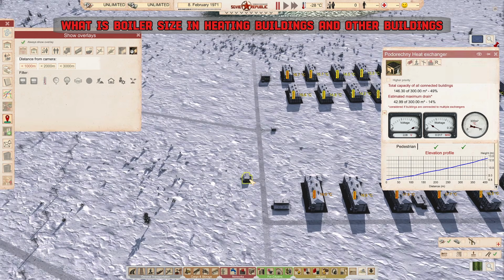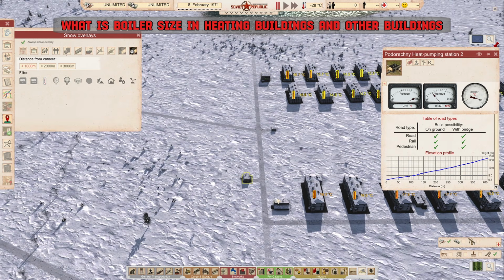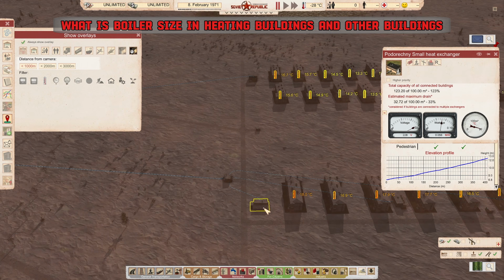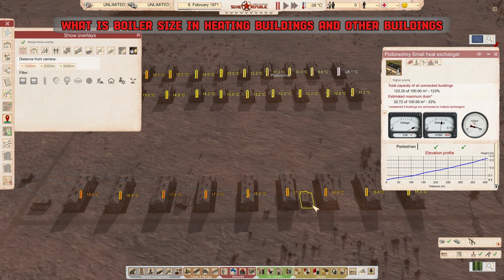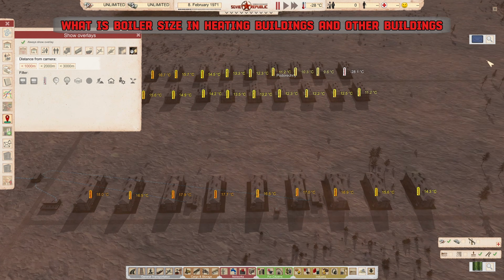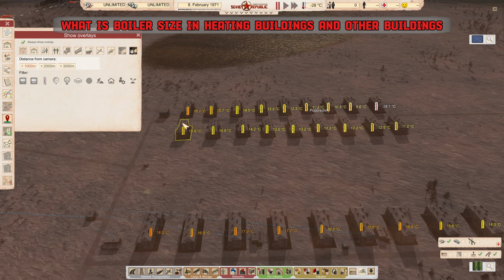Instead, place a heating pumping station close to the city, and then connect 3 individual small heat exchangers to your buildings. Let's compare the two side by side. At the top with the big heat exchanger, you're seeing that already after 2 buildings, you're losing enough heat to cause problems.